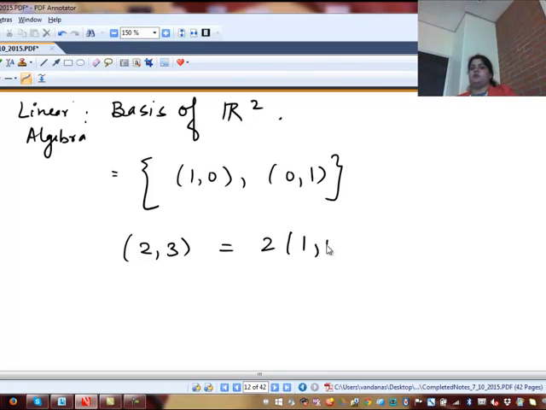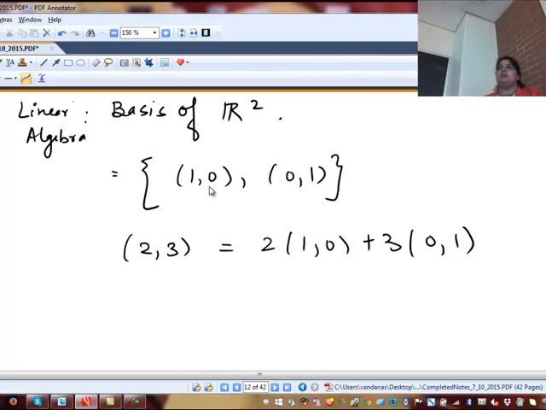Can I do this? Looks very intuitive, correct? And it's not just (2, 3); any point, like (5, 4), I can do like this.